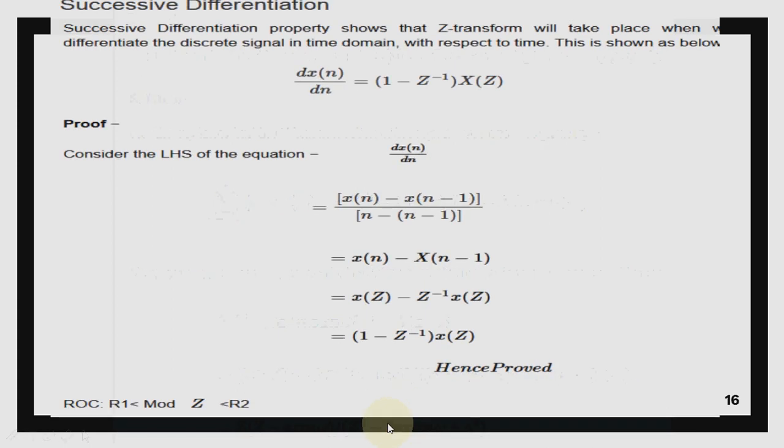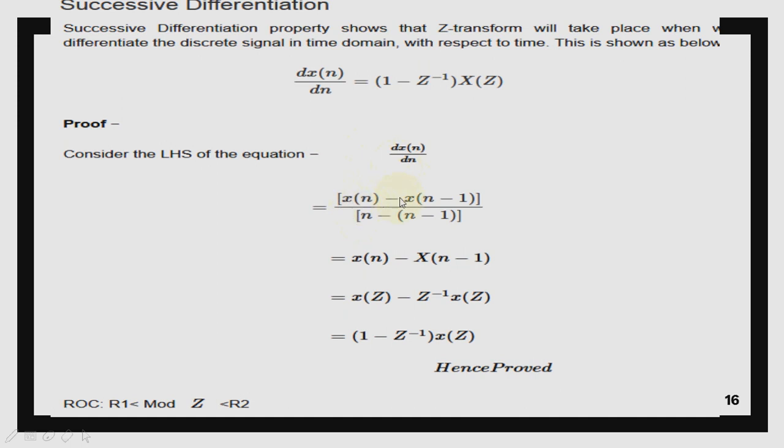Successive differentiation. The successive differentiation property shows what the z transform will be when we differentiate the discrete signal in the time domain with respect to time. So it can be shown as d of x of n divided by d of n is equal to 1 minus z raised to minus 1 x of z. So let us consider the left hand side, d of x of n divided by d of n.